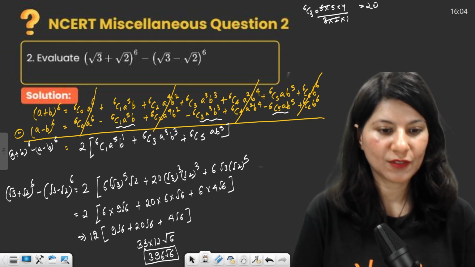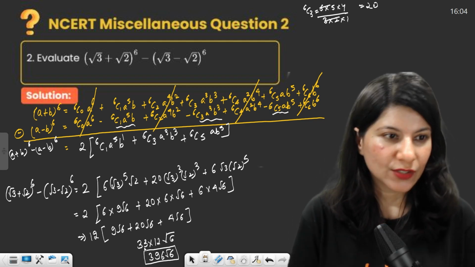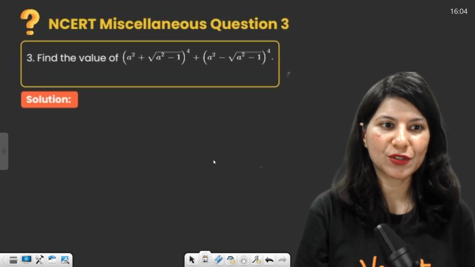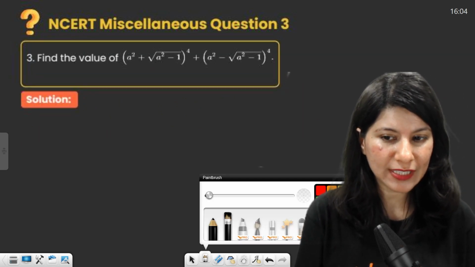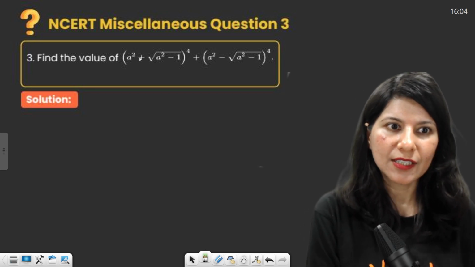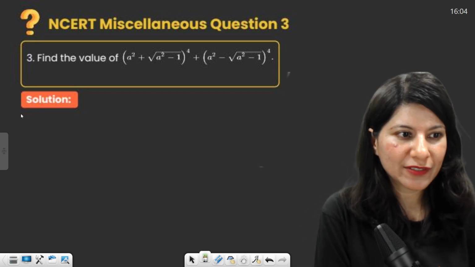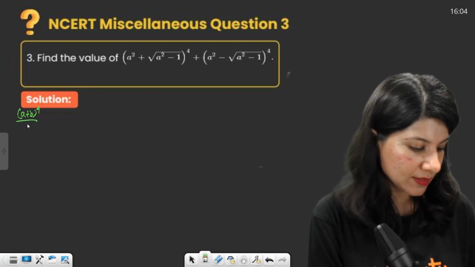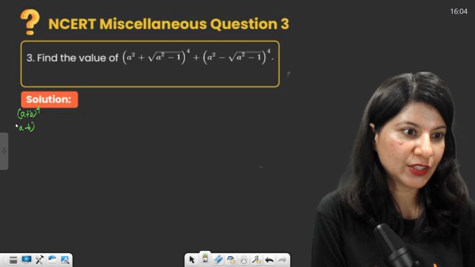Perfect. Okay. All right. So yeah, this is how it is done. Now let's move on to the third question. Similar type of question, somewhat similar, not the exact. So again, (a plus b) raised to power 4 and (a minus b) raised to power 4, and we need to add these two.